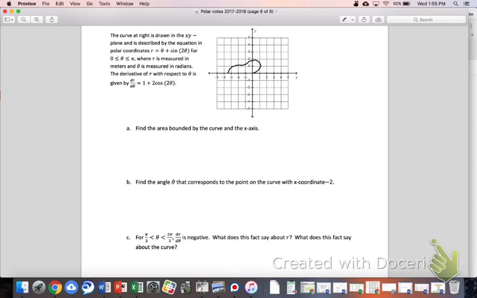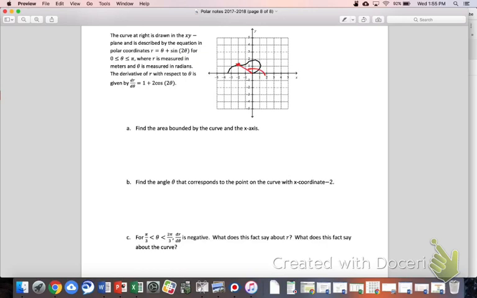So first of all, here is the x-coordinate -2 right there. So you can see that theta is going to be something like that, whatever that angle is. Make sense?